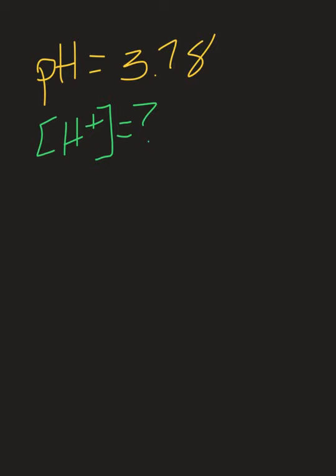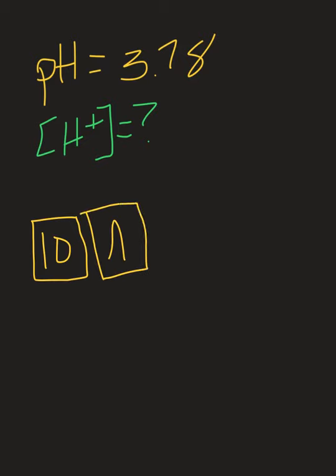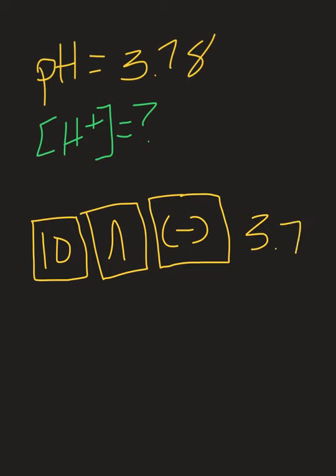So on your calculator, I'm going to write down the exact buttons you would push on your calculator. Okay, you have 10. You would hit that little caret button that points up. You would hit the negative symbol because we want to type this in negative. And then we simply type in the pH the problem gave us, 3.78.